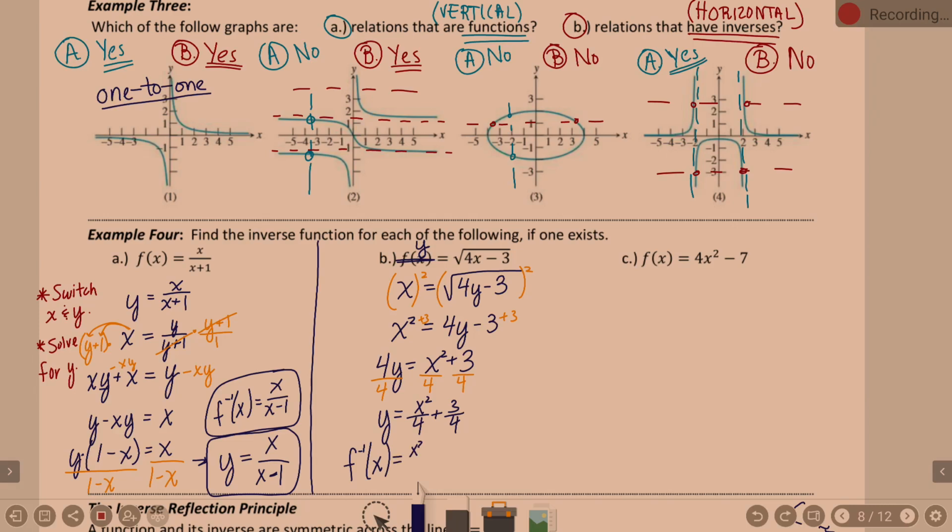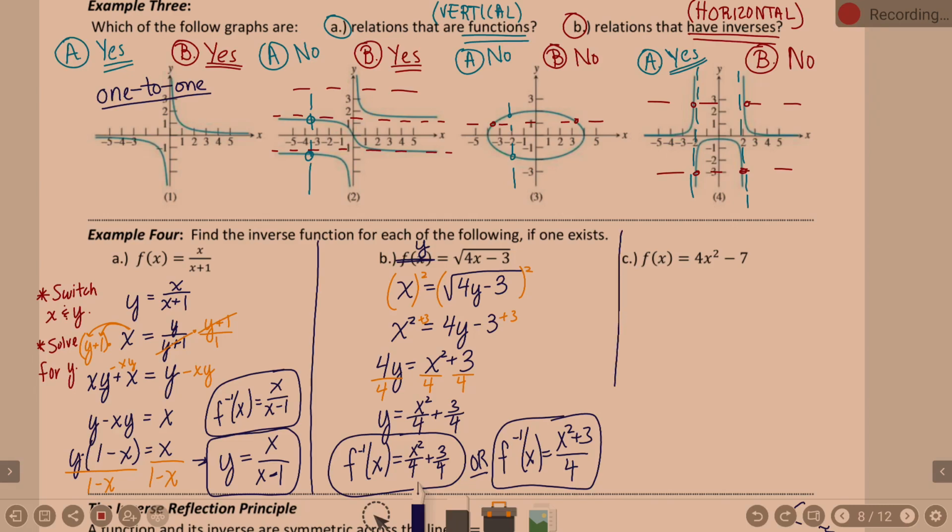So I can either put x squared over 4 plus 3 over 4. Or, if you want to see the other one, f inverse of x equals x squared plus 3 over 4. To me, what's important is that you understand those are equivalent. Okay, that's what I would say is important there.